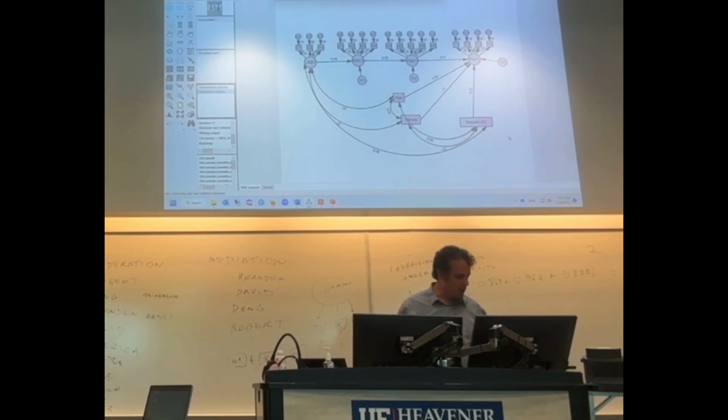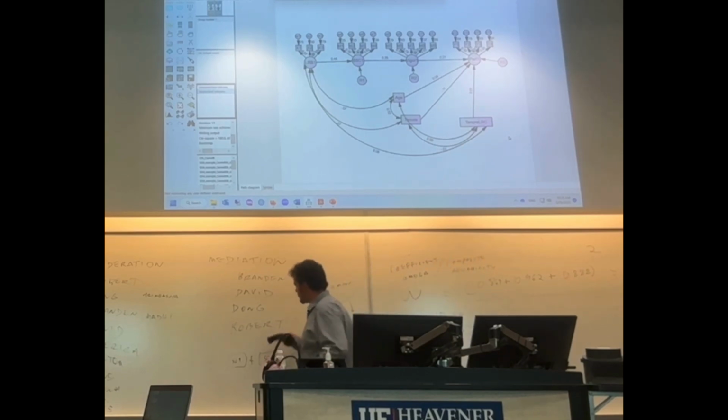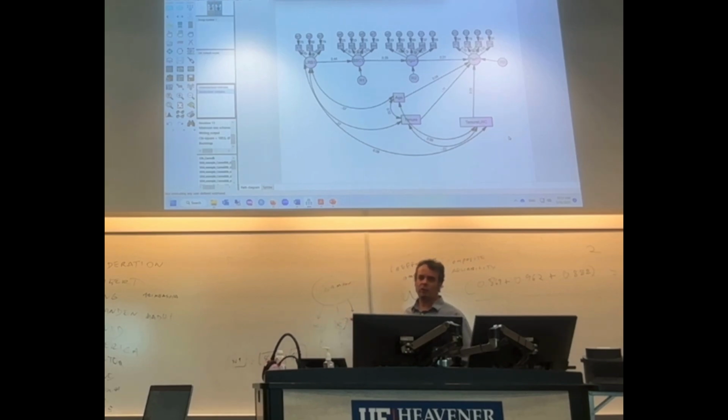Now remember, we talked about how you need at least 3 items to have at least 0 degrees of freedom, in other words, to be able to fit a confirmatory factor analysis.